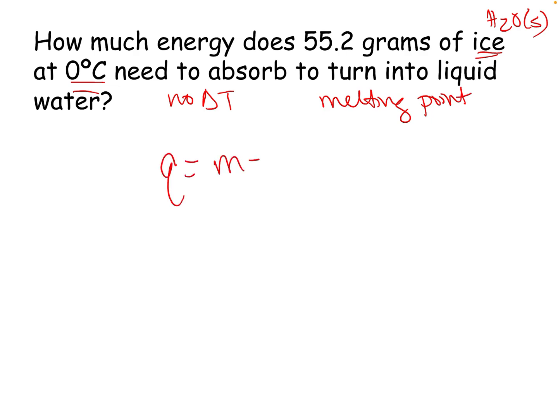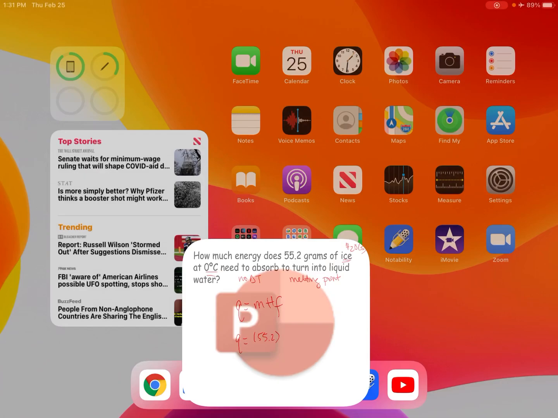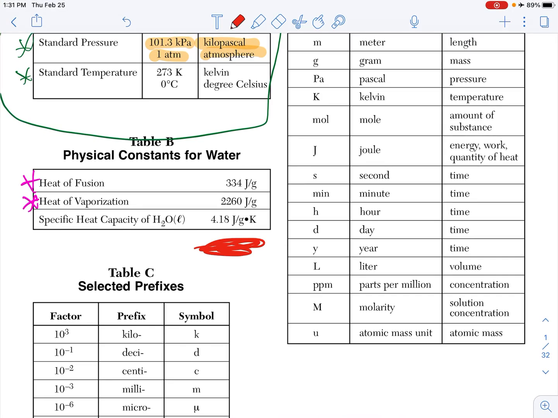So what is the formula we use between melting and freezing? Well, it's MHF. How much energy? That's Q. That's our heat. Our mass was provided, 55.2. The heat of fusion constant for water is 334 joules per gram.